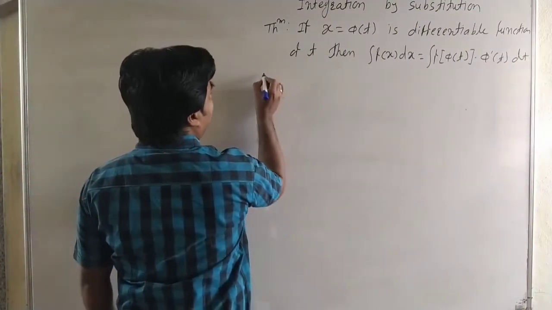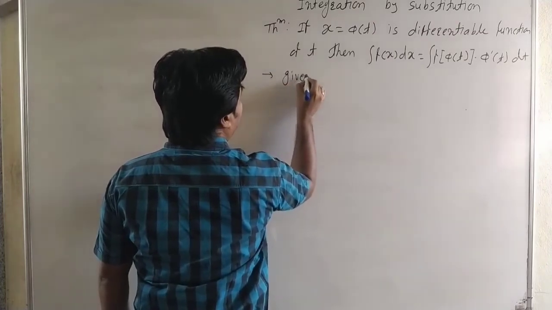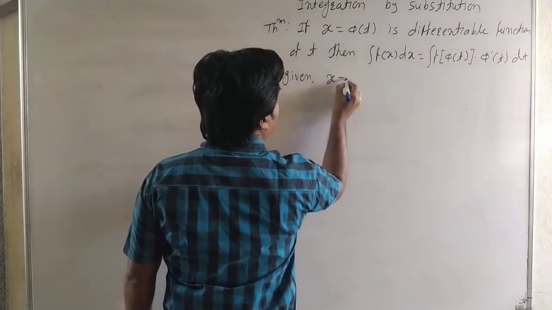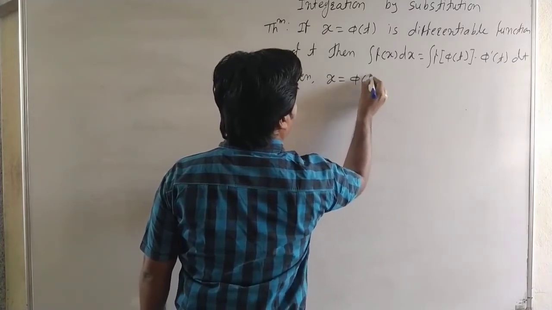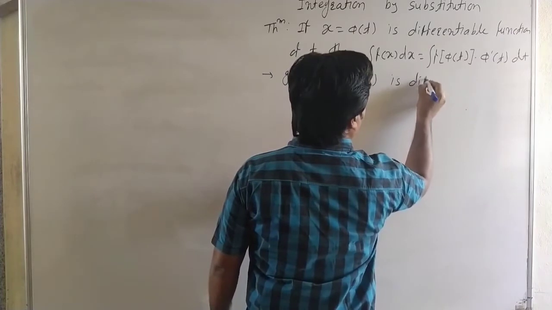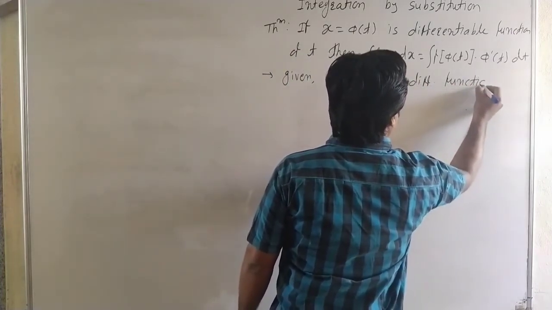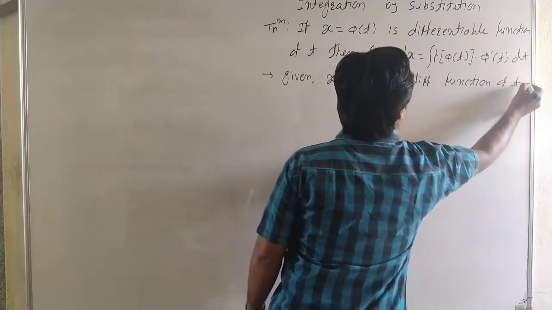Here it is given that x is equal to phi of t is a differentiable function of t.